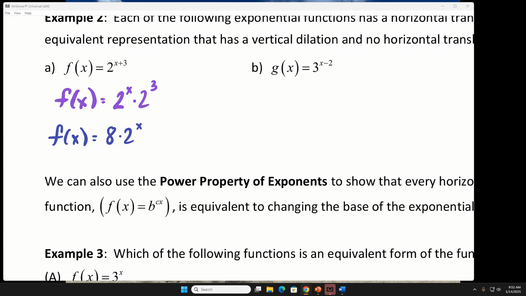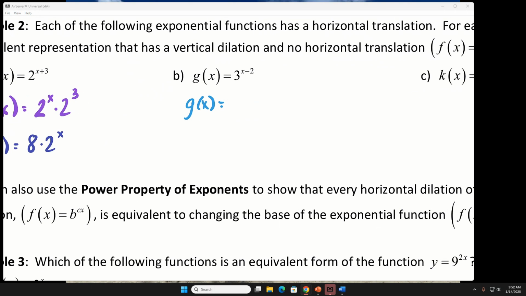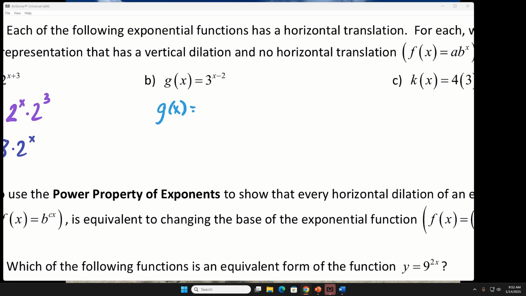Now, if you wanted to do the shortcut, I don't know if it's even a shortcut, you technically are just writing 3 to this power first. So you're just kind of doing it in the opposite order, but it ends up being the exact same thing.